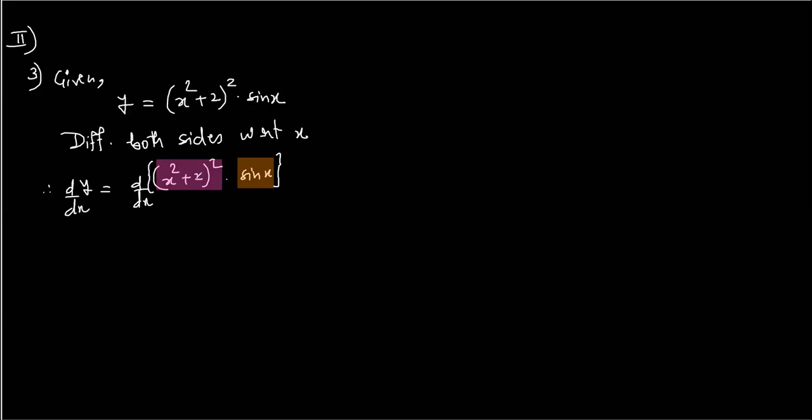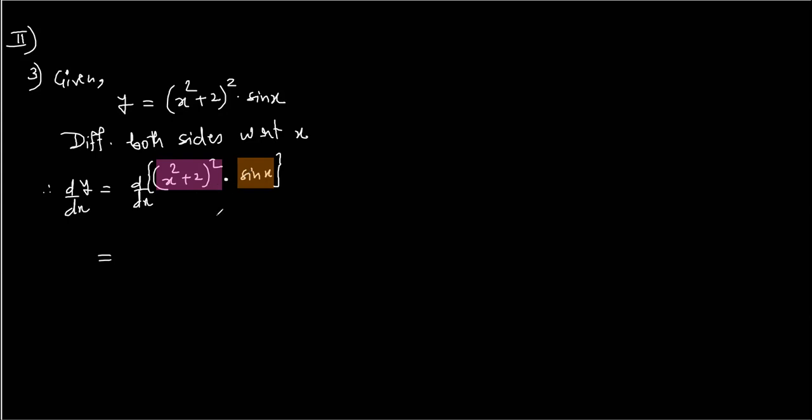This is one function, variable raised to constant. The other function is sine of x. See, you can clearly distinguish between two functions. X square plus 2 the whole square is a variable raised to constant function which is multiplied to sine of x, sine function. So as the product rule suggests, how we will differentiate? Very simple. We will have to differentiate both one by one.